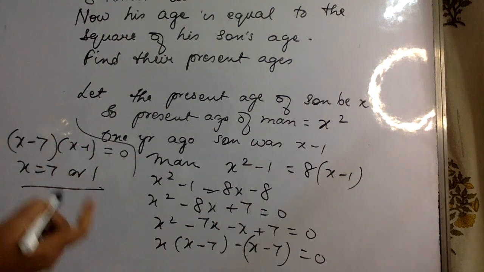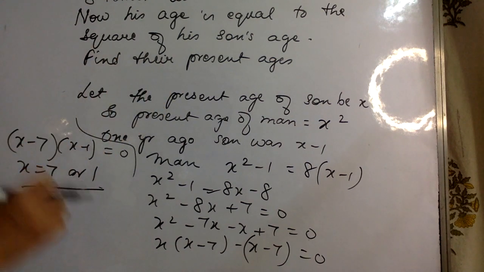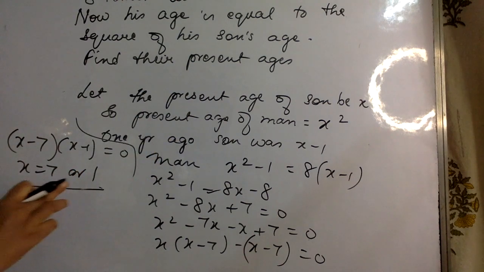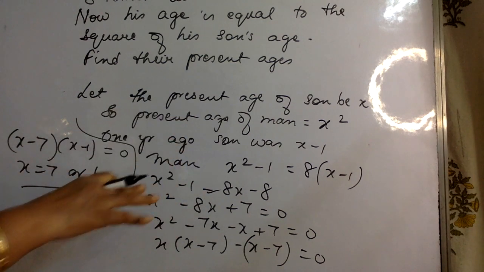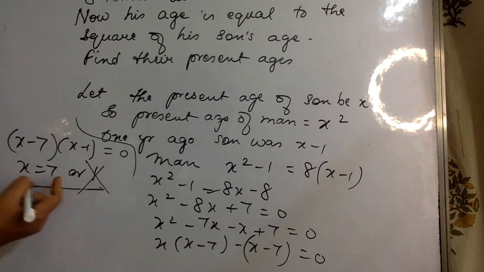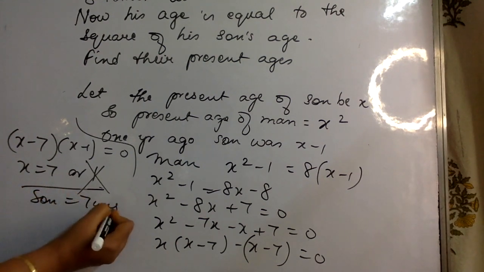Then what is the next thing? They have asked for the present ages. If I take 1 as the present age of the son, then I shall not be able to get anything as x minus 1. So this goes out. Present age of son is 7 years, and you must write years.